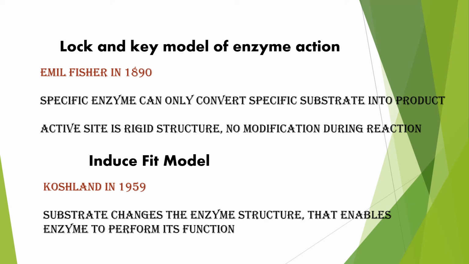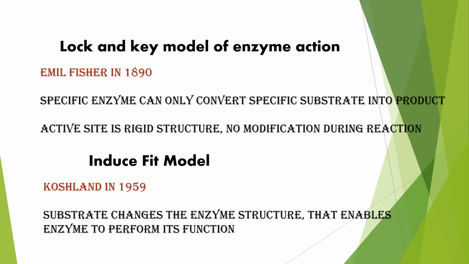Okay, now enzyme action can be described with two types of models, lock and key model and induced fit model. First of all, we will discuss lock and key model that was proposed by Emil Fischer in 1890. This lock and key model states that only a specific enzyme can convert its specific substrate into products, and the active site of enzyme is very rigid and there is no change in its active site during the reaction.